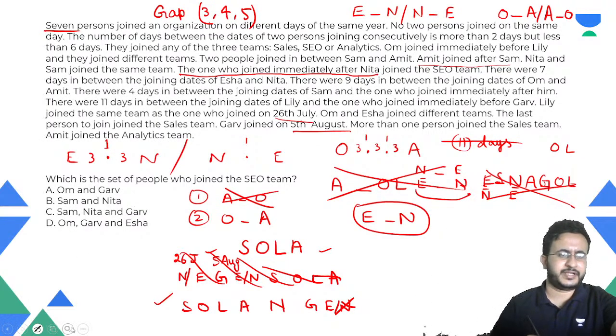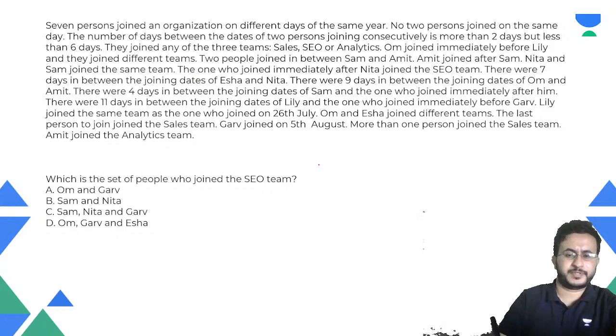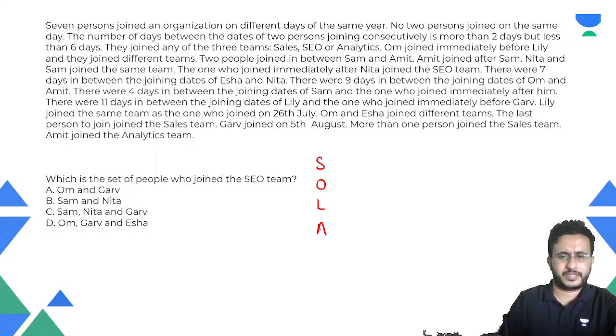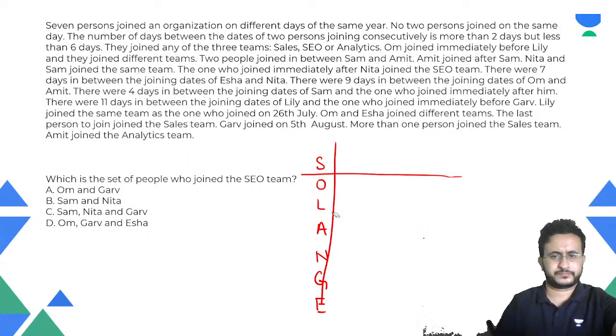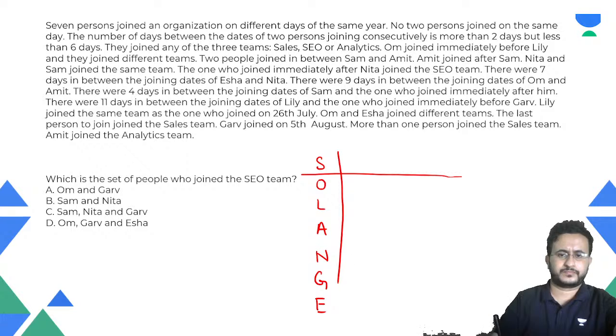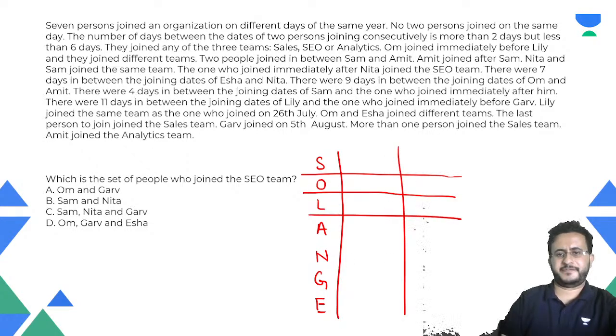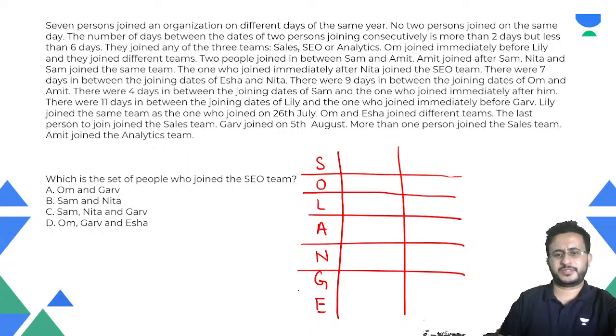So let us do one thing. Let us make a table, or we will put dates before these people. Okay, so we have SOLA in this order. We'll put the date and the team, and let us start filling in the information that is given to us.